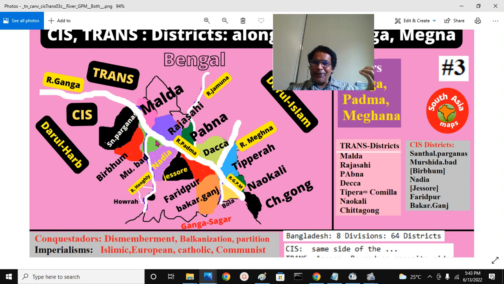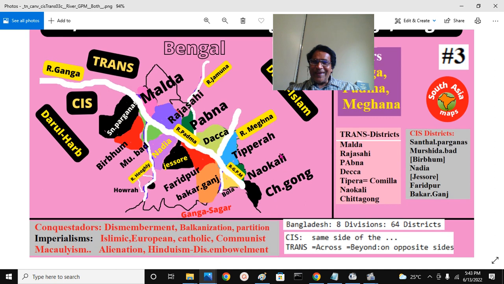Then we have Murshidabad district, where formerly Islamic Ghazis, Jihadis, Islamic conquistadors ruled from Murshidabad, which were overthrown by British, European conquistadors. That means Islamic imperialism was replaced by British imperialism.